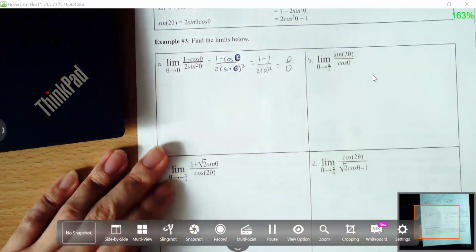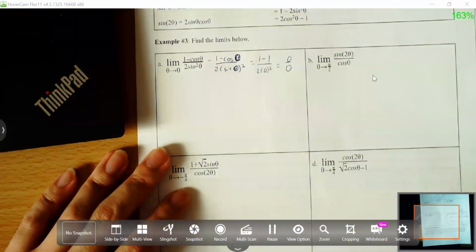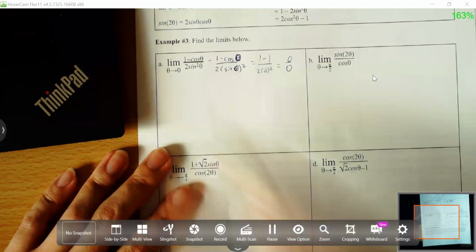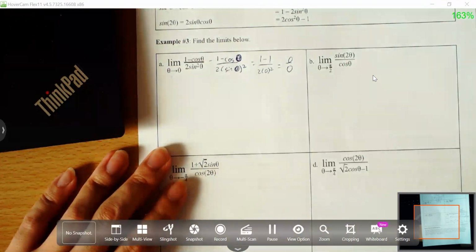You don't necessarily have to show me the step that gets you 0 over 0. If you can just see that in your head and be like, oh, cosine of 0 is 1 and sine of 0 is 0, so I know it's going to be 1 minus 1 and 0 on the bottom. You don't need to show me that you're plugging in and getting the 0 over 0. Okay. But once you determine it is 0 over 0, now what do I do?